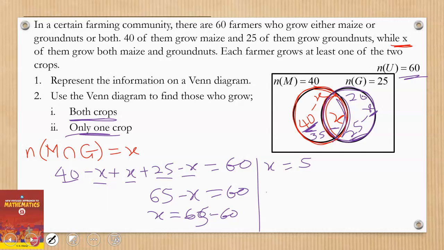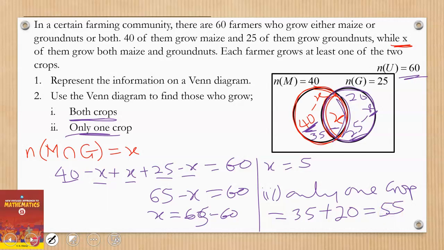When you put them together, you can answer only one crop as equal to 35 plus 20, which will give us 55. That means 55 farmers grew only one crop. They either grew only maize or only groundnut. And this answers this part of the question.